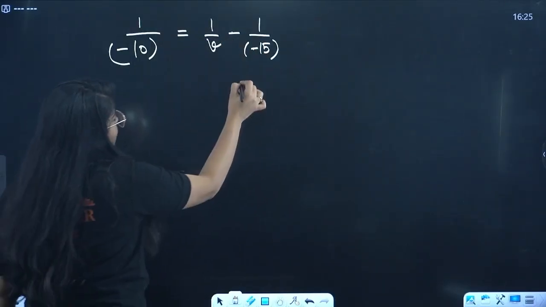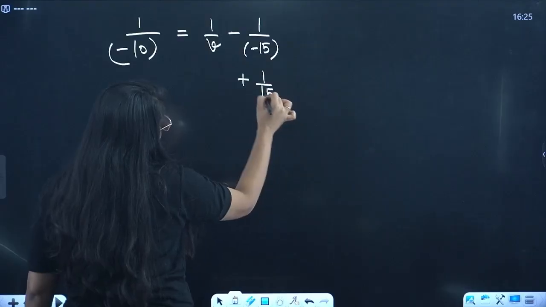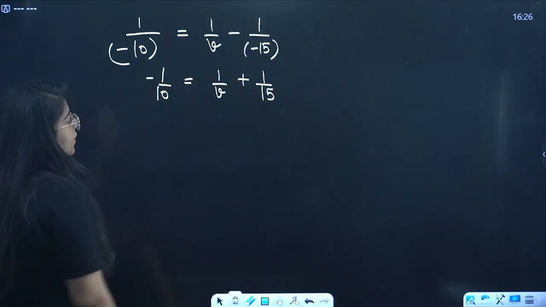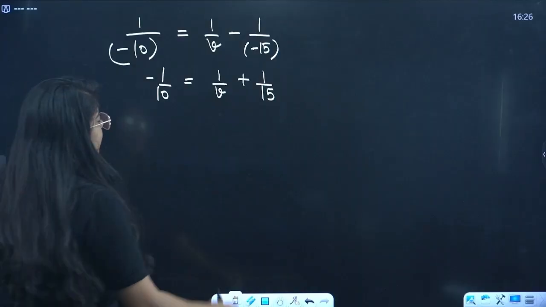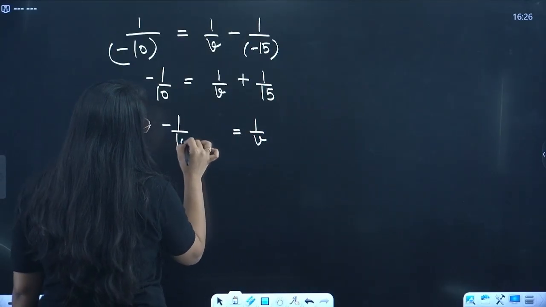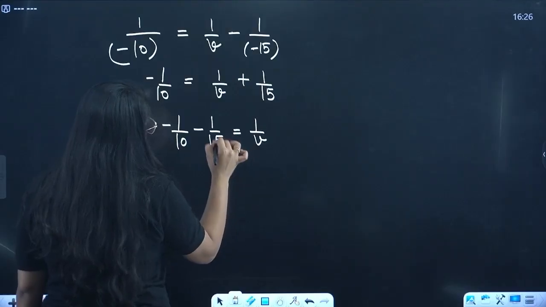This minus minus becomes plus. Plus 1 by 15. 1 by V equals minus 1 by 10.